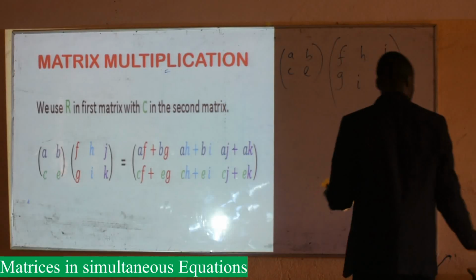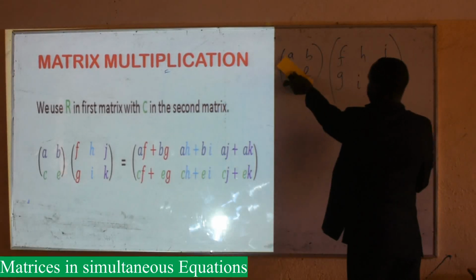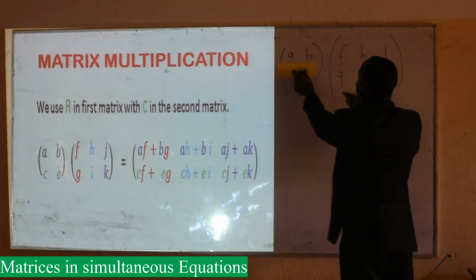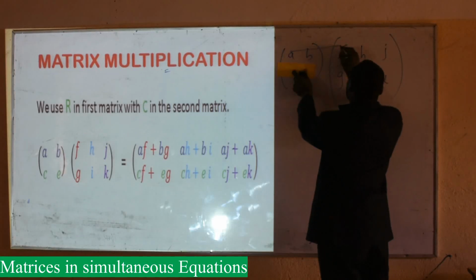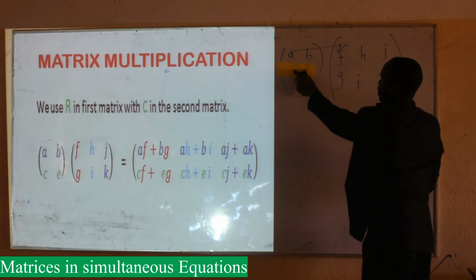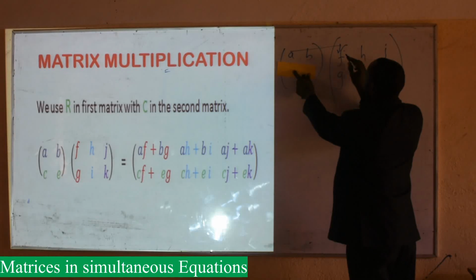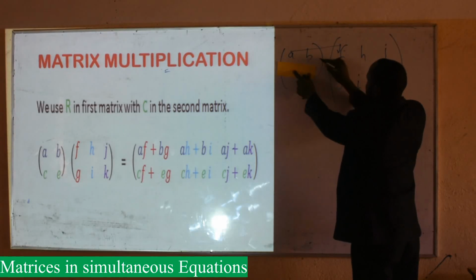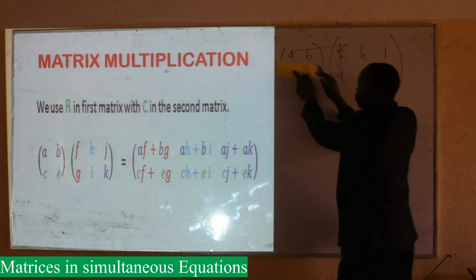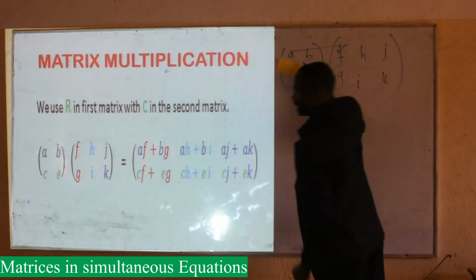What you need to do, you cover here. You multiply this row with this column downward this way. So A multiplied by F plus B multiplied by G, which is shown here in the first element.